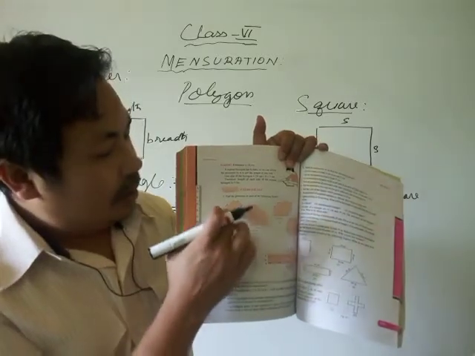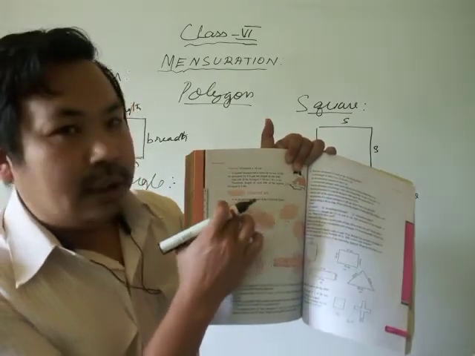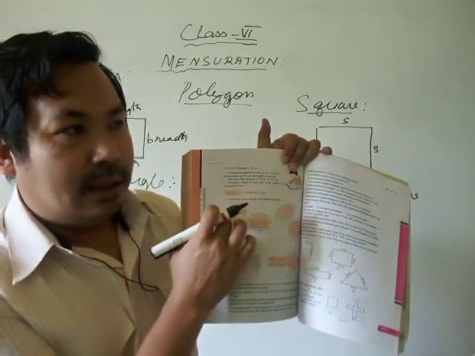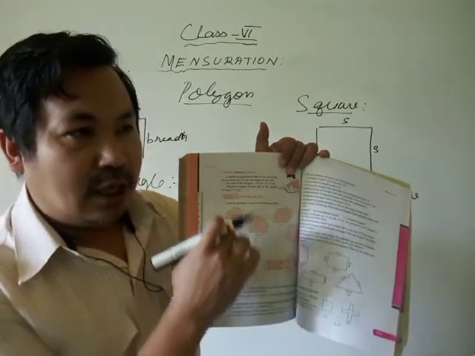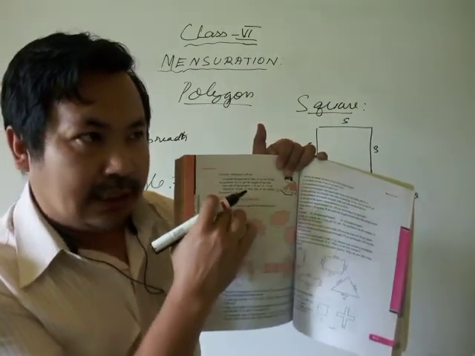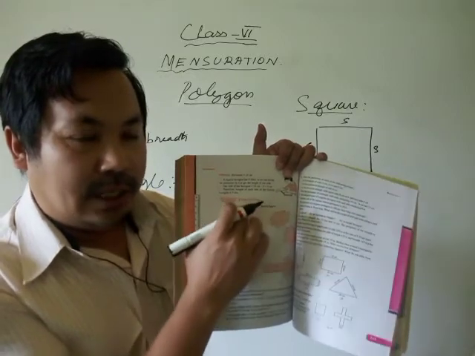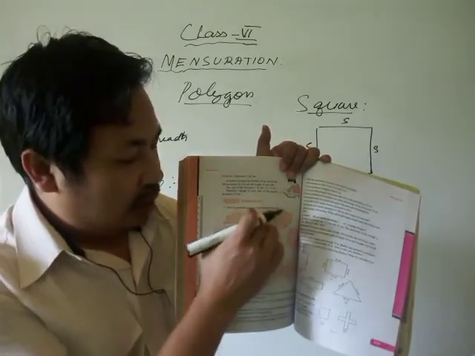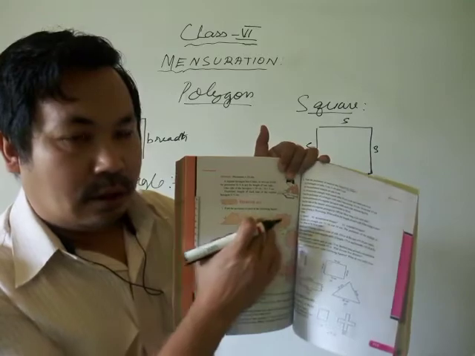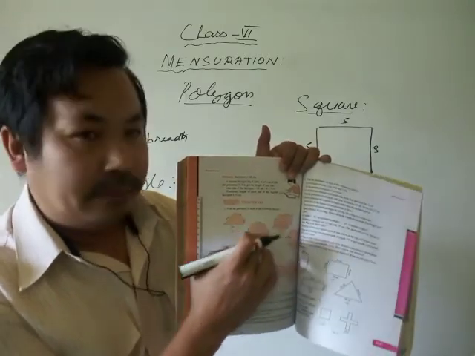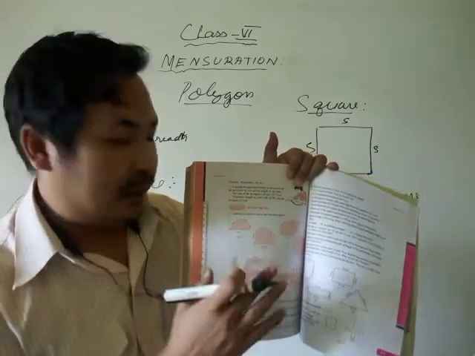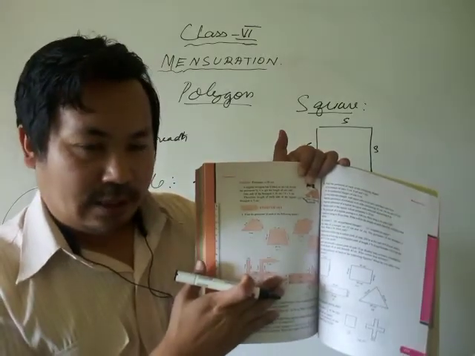You have to add all these sides, and the total is the perimeter. The total length of the boundary is its perimeter. So add all the given measurements. Please do this yourself.